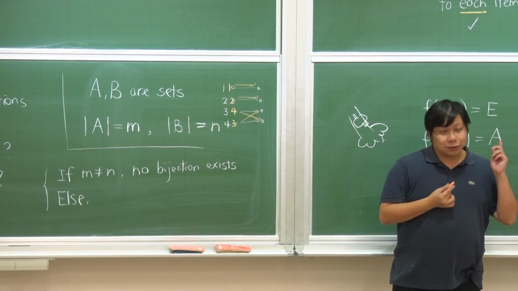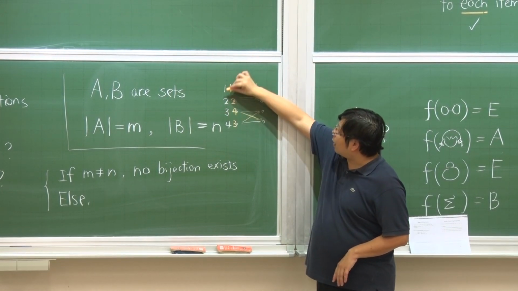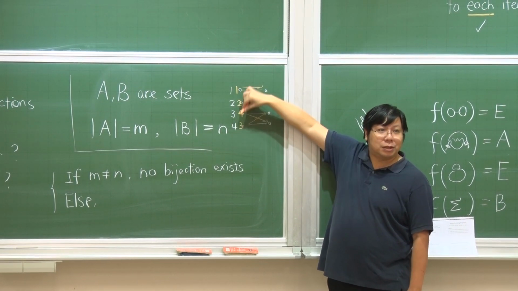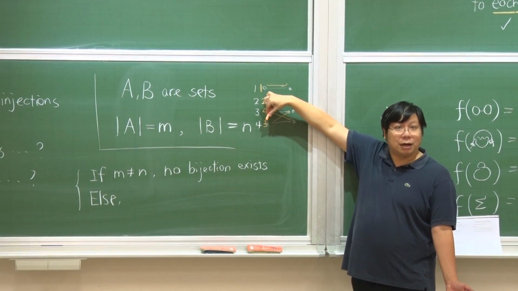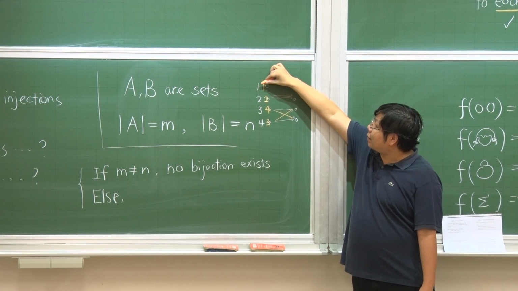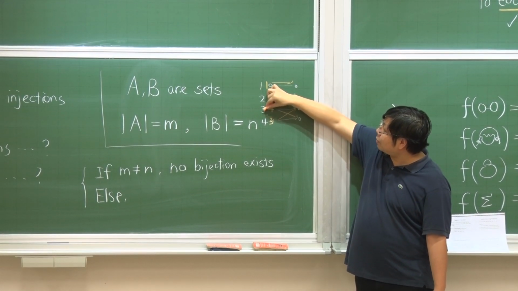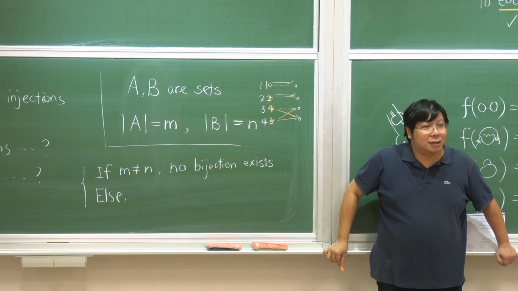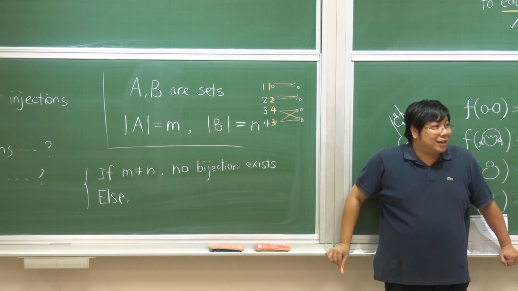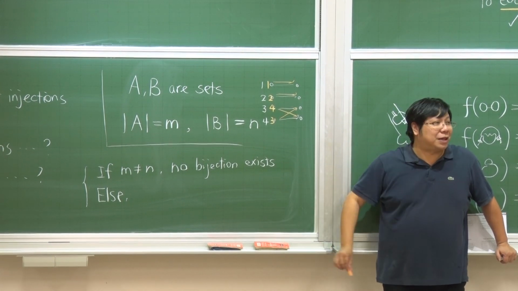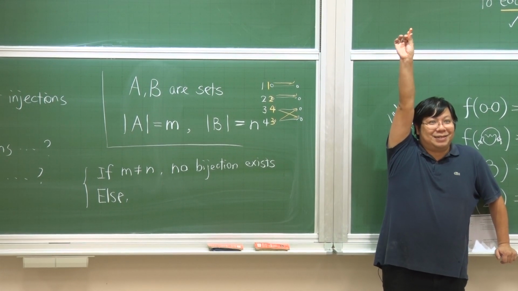Now, because it is a bijection, the labels here are always different. You cannot have 1, 1, 3, 4 or 1, 2, 1, 1, something like this. They are always different. So you will find one of them is 1, one of them is 2, one of them is 3, and one of them is 4. Is that okay? If you understand and now know how to count the number of bijections, could you please raise your hand?